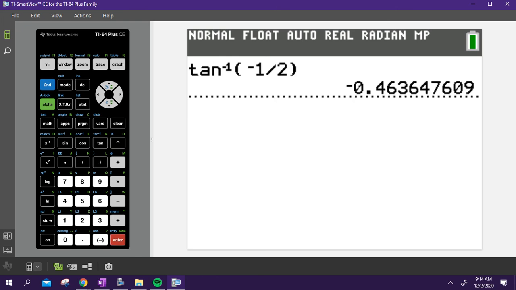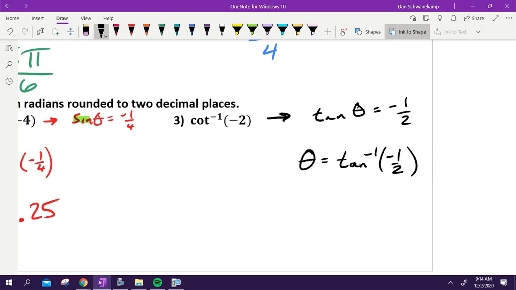I get -0.46 radians. Which quadrant is that in? Where's inverse tangent going to live? Which 2 quadrants? It's going to live in quadrants 1 and 4, but tangent is negative, so which quadrant is it really in? 4.